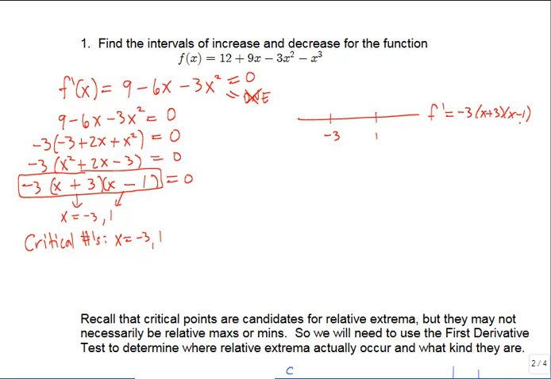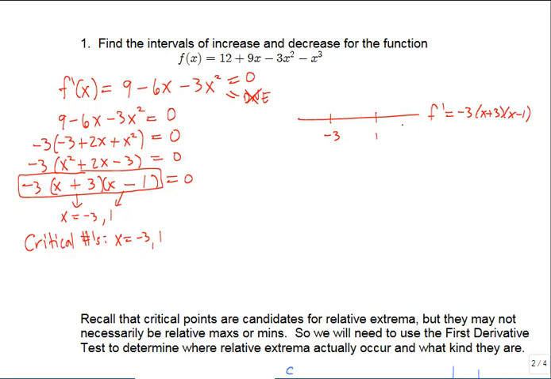And now what we're going to do is realize that, based on what we talked about before, the only way that a function can change from increasing to decreasing or vice versa is at critical numbers. So that means if I only have these two numbers for my critical numbers, then everywhere here in the middle or to the right of 1 can only be strictly increasing or strictly decreasing.